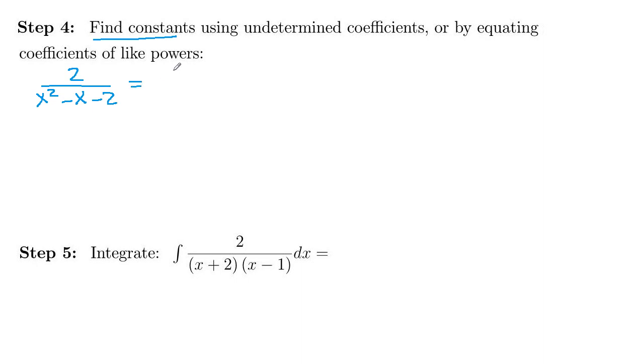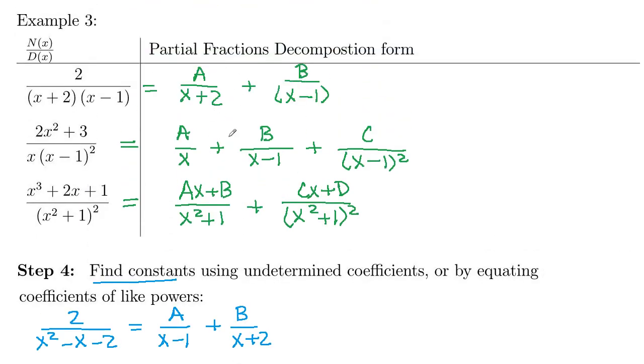And the general form of that was a over x minus 1 plus b over x plus 2. Okay, so we did that in step 3. That was right here. So actually, I guess we have them switched, plus 2 and minus 1.